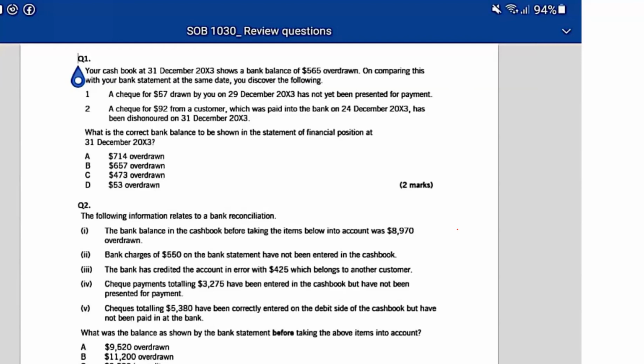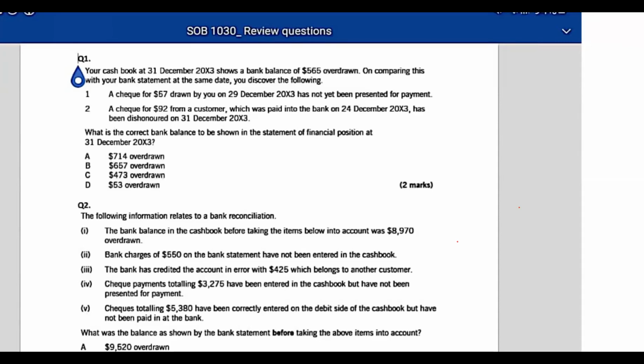When you look at the adjustments, number one is a check for 57 drawn by you that has not yet been presented. So it hasn't yet been cashed in at the bank, so that money is still there. Then number two, a check for 92 from a customer, which was paid into the bank on the 24th, has been dishonored.